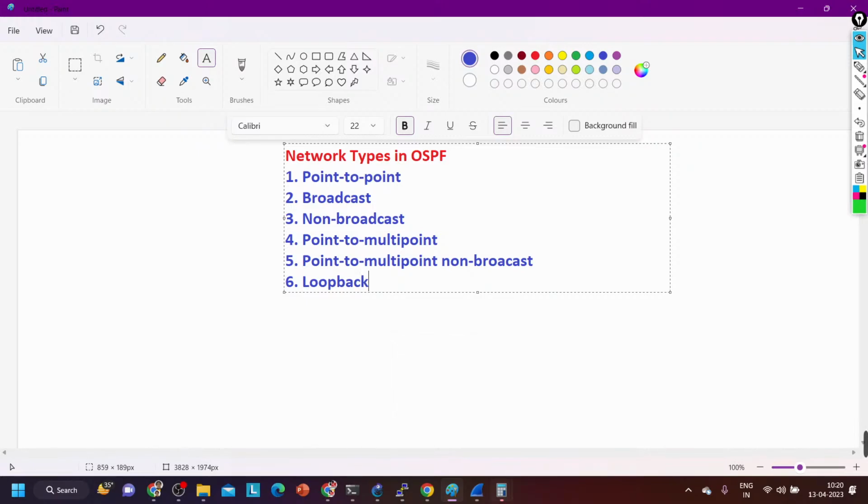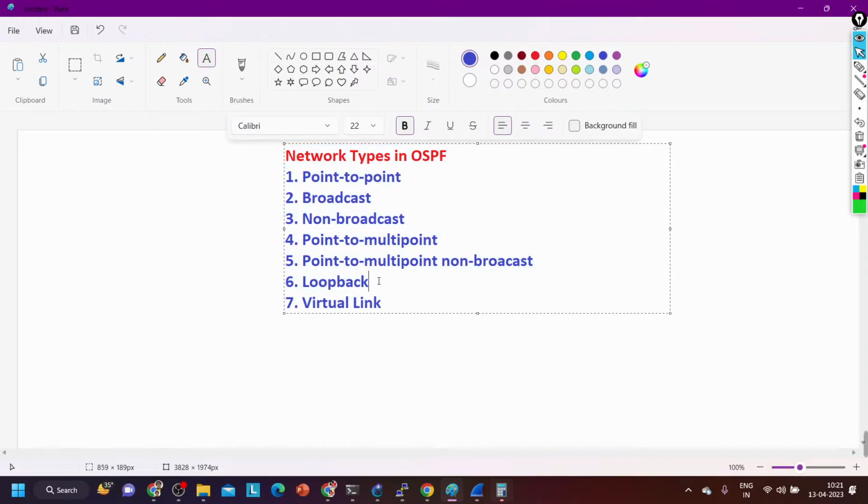So we have 6 types of network in OSPF. Done? And we have one more, that is virtual link. So actually we have 7 types of network in OSPF. We will understand virtual link later. Now we are going to understand these 6 types of network.